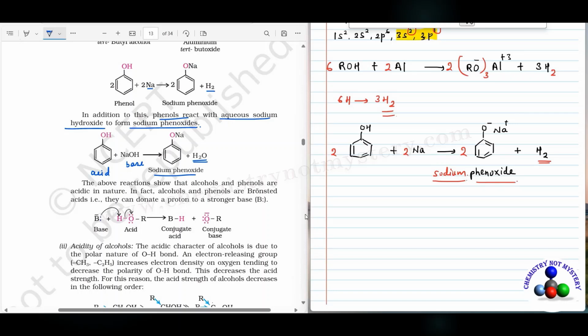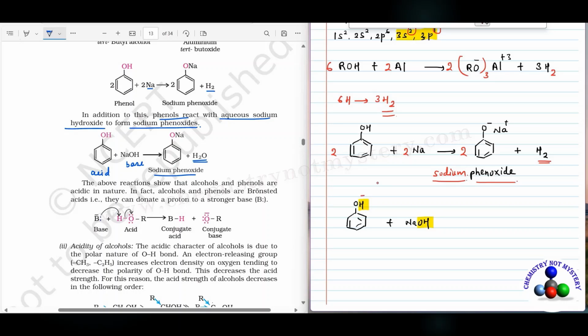So here when you see the reaction, let's try to write it. This is phenol. Benzene with OH is called phenol when it reacts with NaOH. So phenol will donate H plus ion and sodium hydroxide will donate OH negative ion.